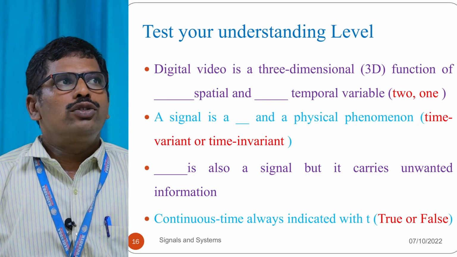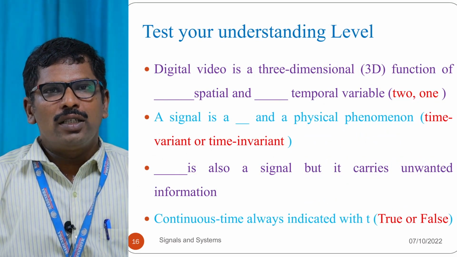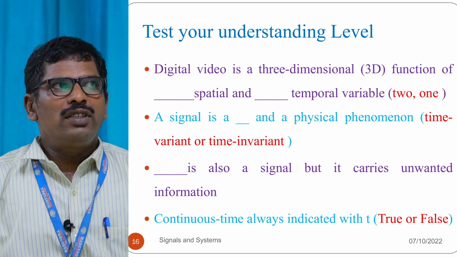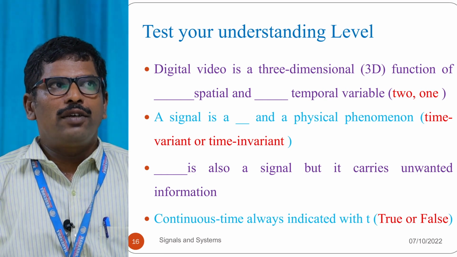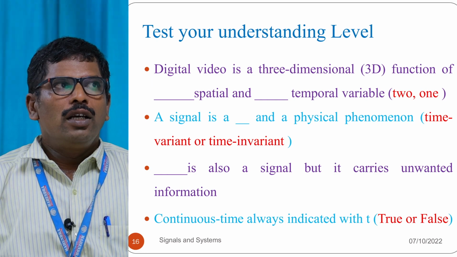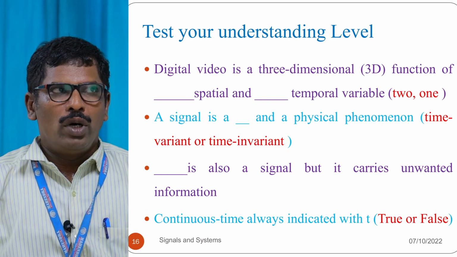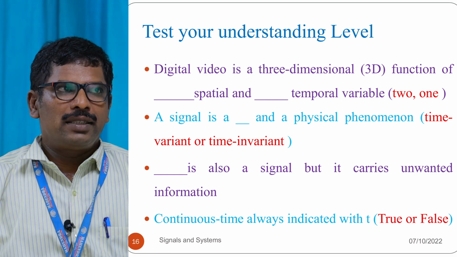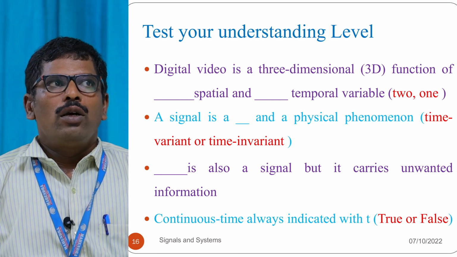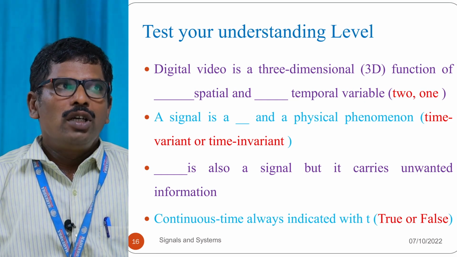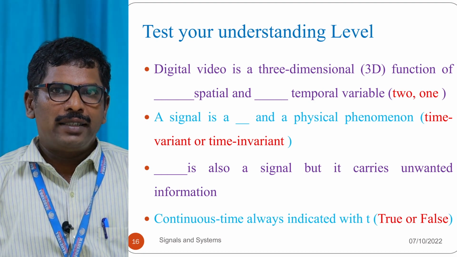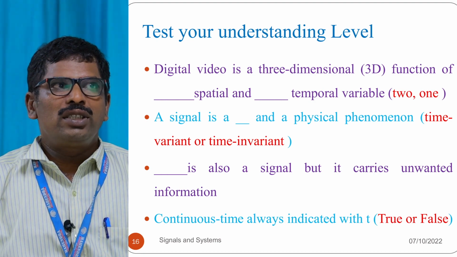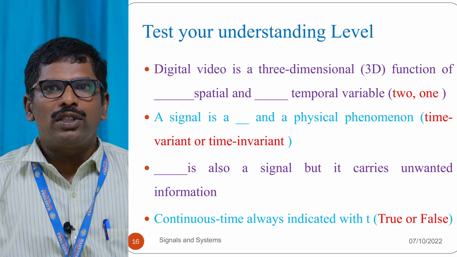Next, based on the points we have discussed earlier, let us test our understanding. Question 1: digital video is a 3-dimensional function which has 2 spatial and 1 temporal variable. The 2 spatial variables are the x and y axes, and another one is the z axis that varies with respect to time.